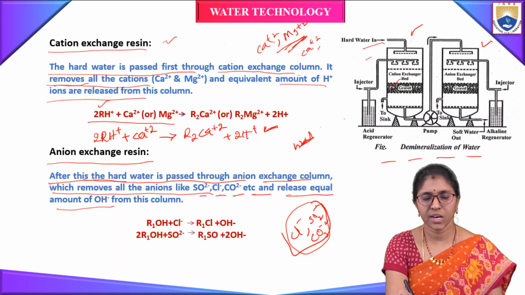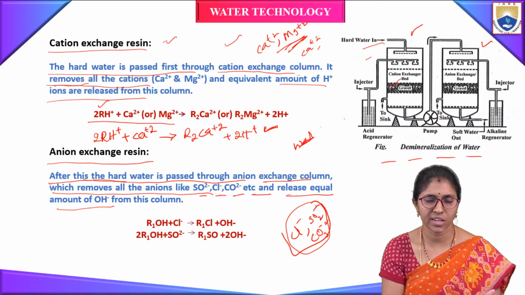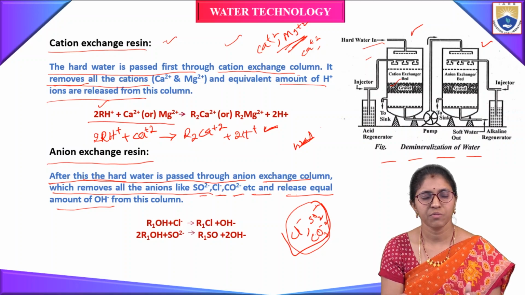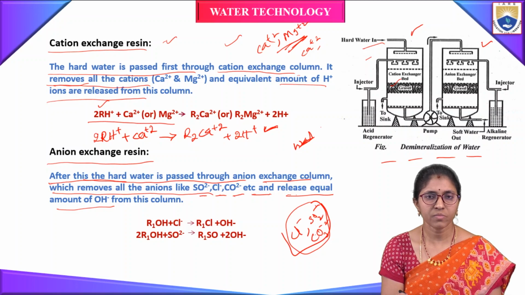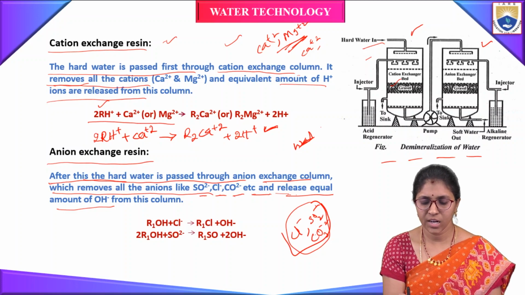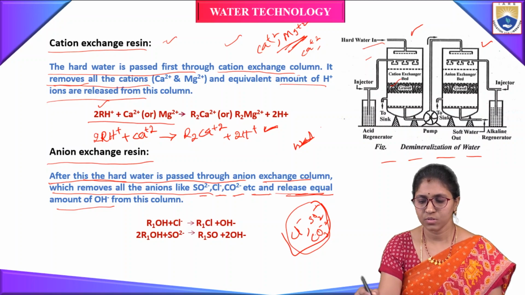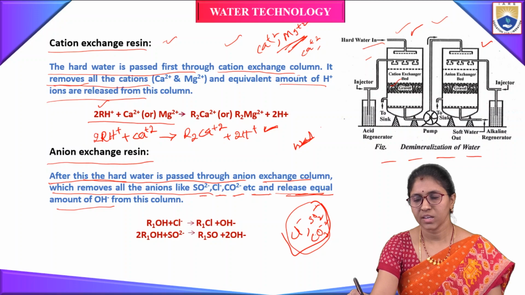So first we pass the hard water through the cation exchange resin to remove all the cations present in the water. Next we pass this water through the anion exchange resin to remove all the anions present in the water. The anion exchange resin releases an equal amount of OH- from the column. So this is the ion exchange process.